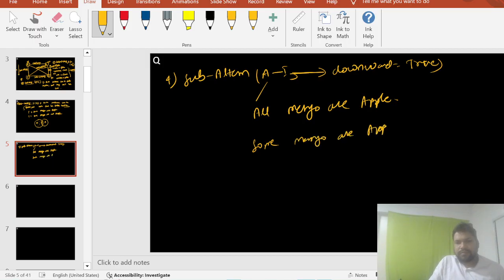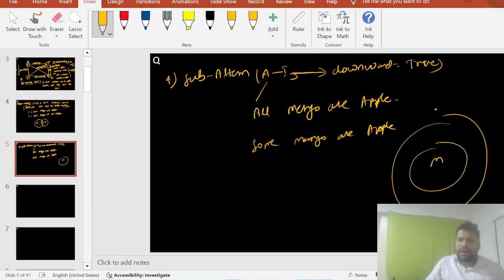Yes, it is possible, because if all mango are apple, I can say that some apples are mango and some mangoes are also apple. So it's a true sentence there.